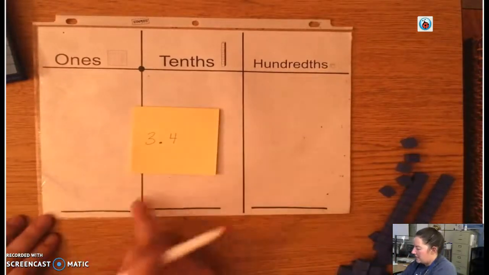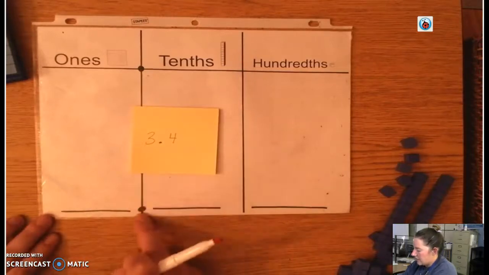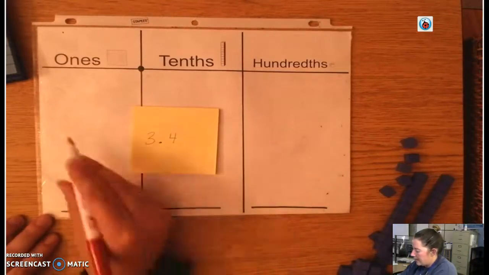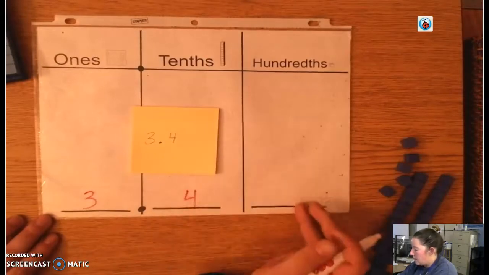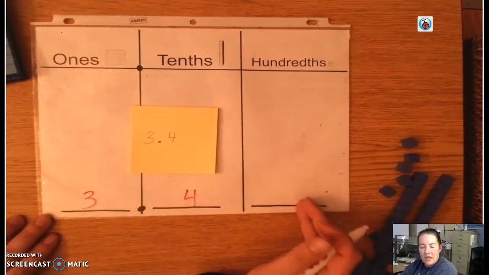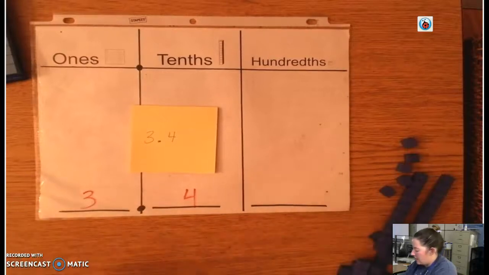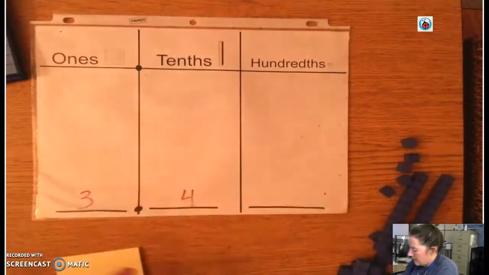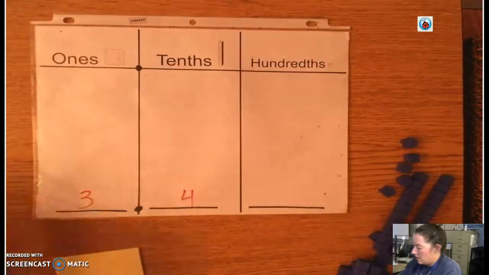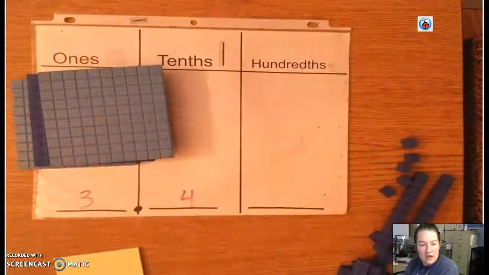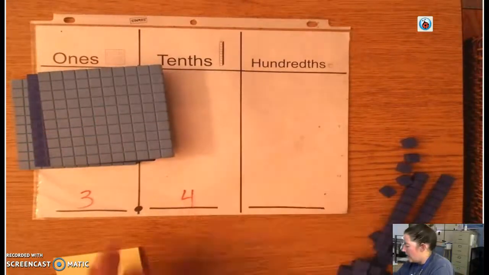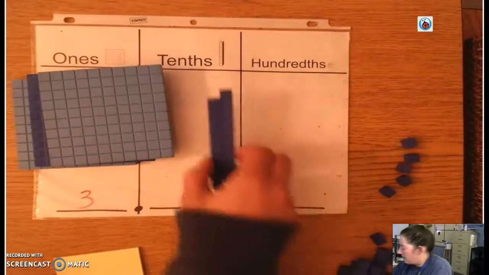So I'm going to plug in my number where my decimal is, lining up the place value. So 3 is in the ones place, 4 is in the tenths place. Do I have any hundredths? I don't have any hundredths. So let's go ahead and build this one. So I need 3 ones. So 1, 2, 3. There's my 3 ones. How many tenths? Looks like 4.